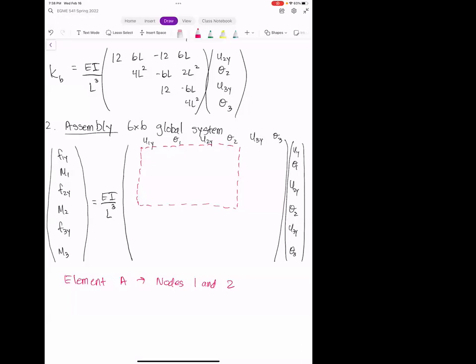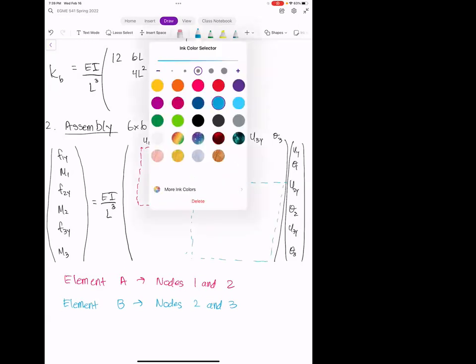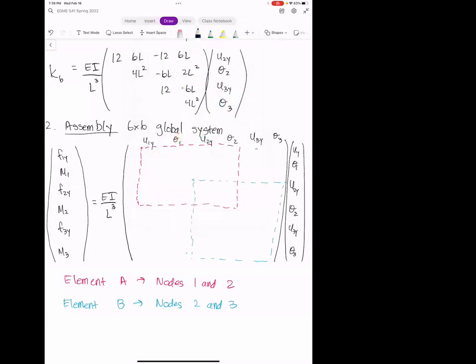Meanwhile, element B is nodes 2 and 3, and that's going to cover these entries over here. Of course, everything else that's not highlighted or boxed is just going to be 0.